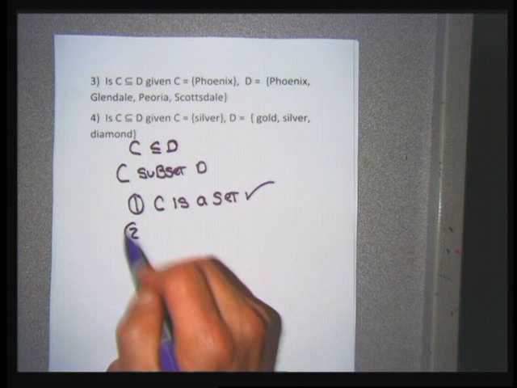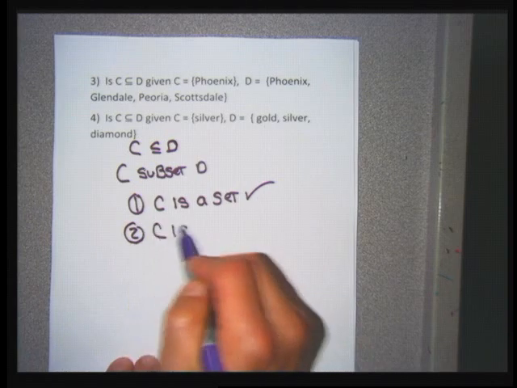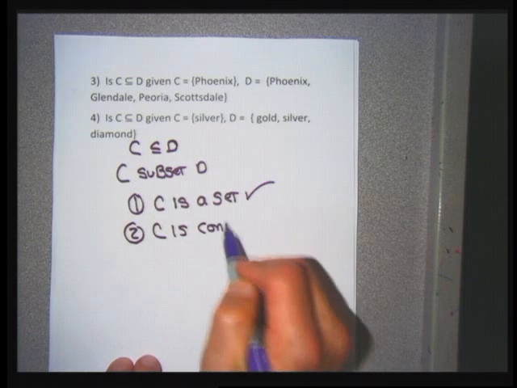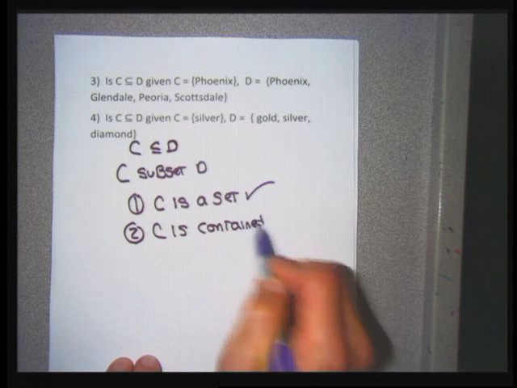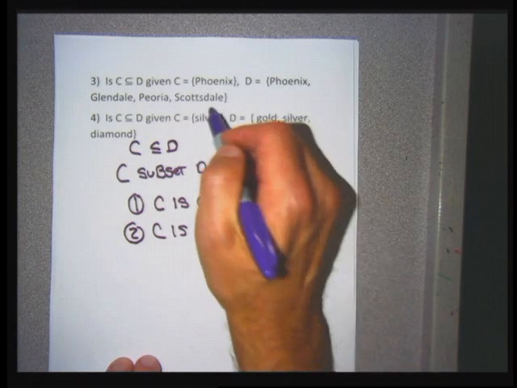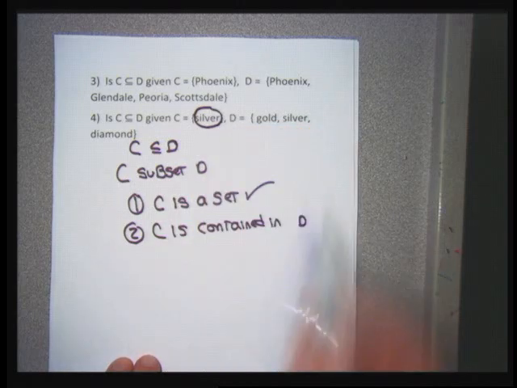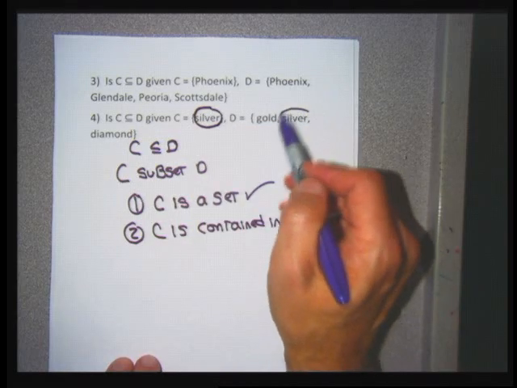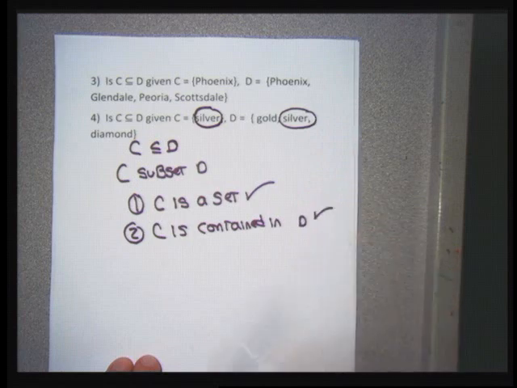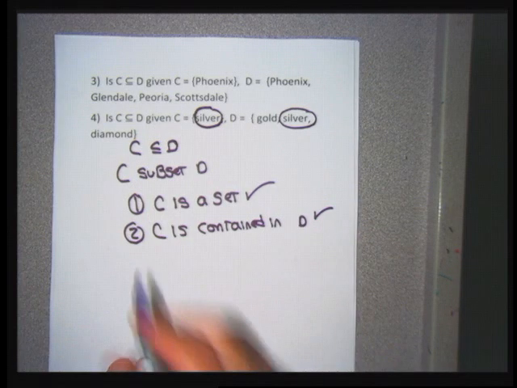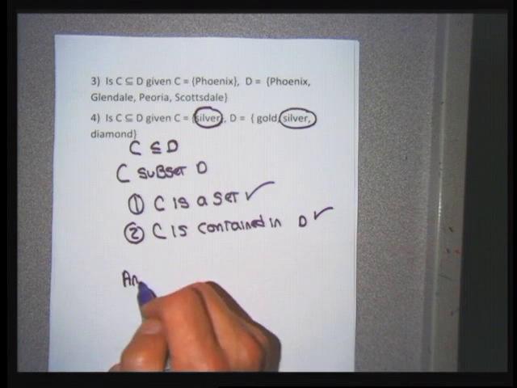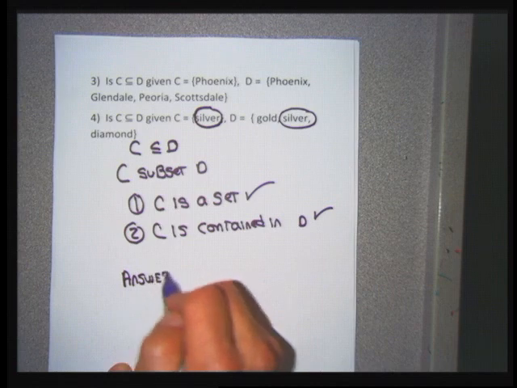And second, C is contained in D. The only element in C, silver, is contained in D, so C is contained in D. Instead of saying yes for my answer, I'm going to write true. So is C a subset of D? I'm going to say this is a true statement.